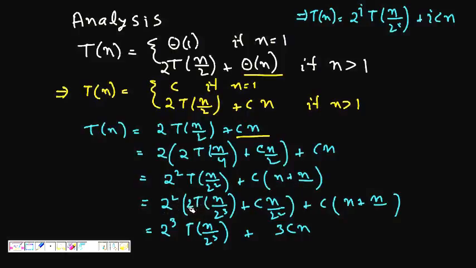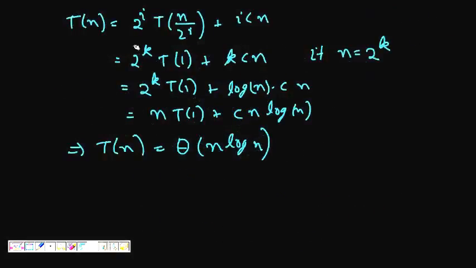Now it becomes 2 squared times (2T(n/2 cubed) + Cn/2 squared). We keep going like this, so T(n) is 2 cubed T(n/2 cubed) + 3Cn. The general form becomes T(n) = 2^i T(n/2^i) + iCn. Assume n is 2^k without loss of generality.